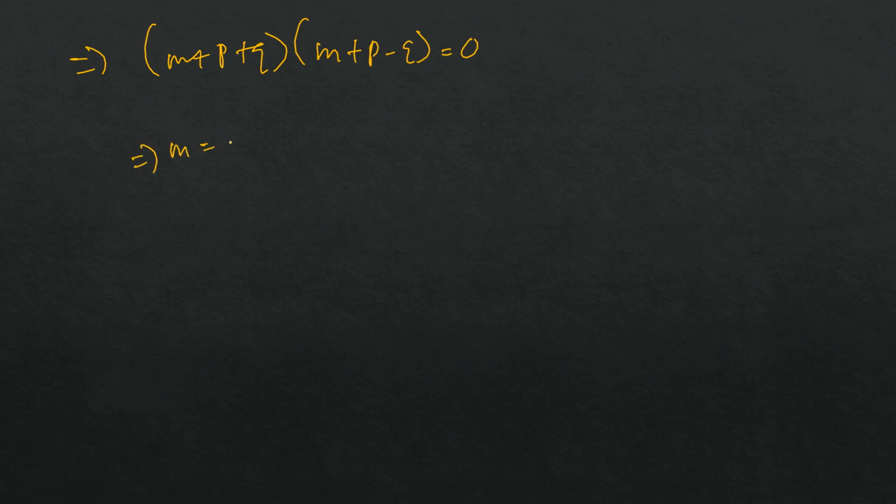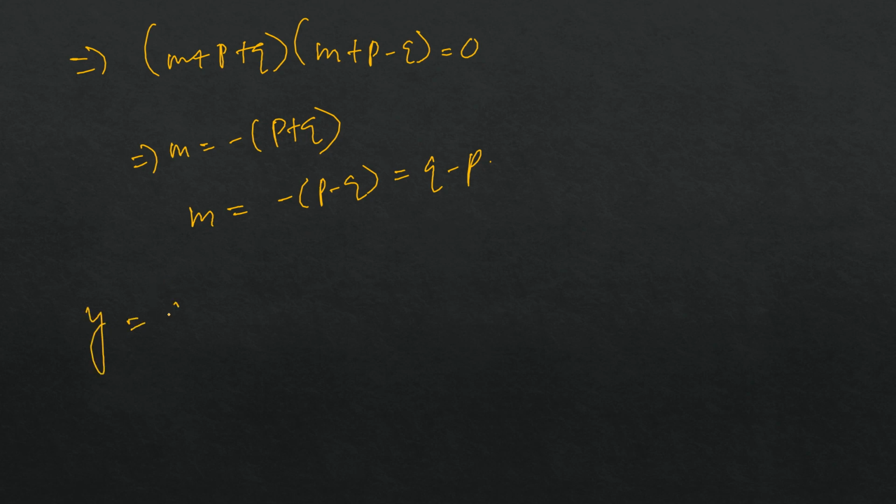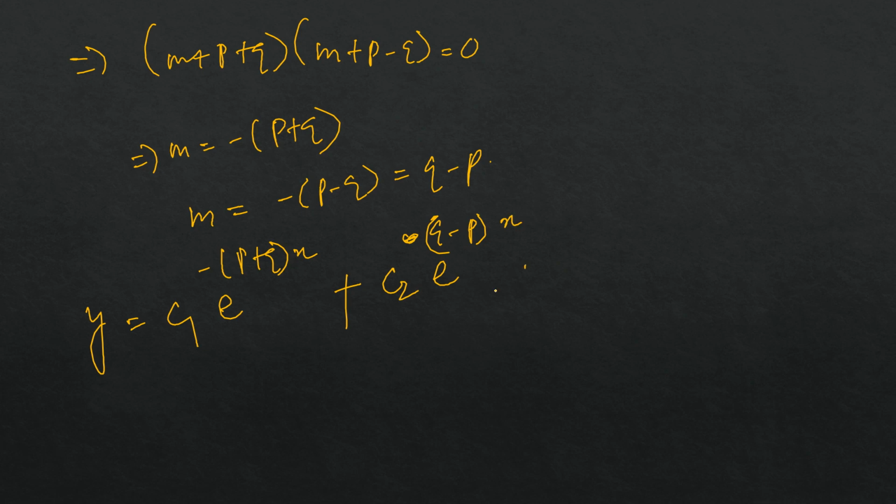So m is equal to minus of p plus q, m is equal to minus of p minus q, which is in fact q minus p. Okay, so we just write the solution. y is equal to c1 e to the power minus p plus q x plus c2 e to the power, don't forget x, okay? q minus p x. Alright? Yeah.